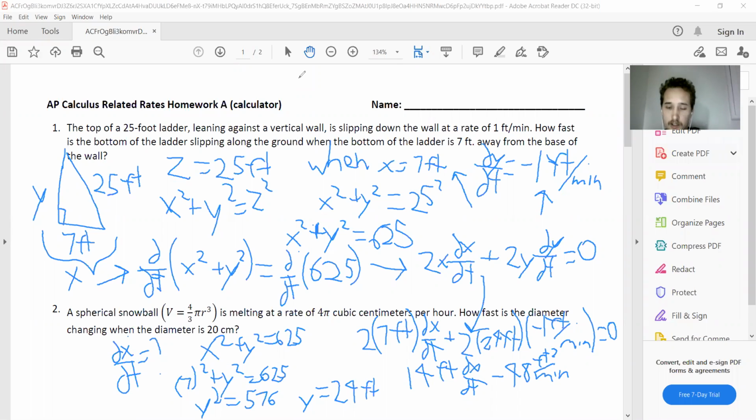Okay, so you get 14 feet dx dt minus 48 feet squared per minute equals 0. And then when you, let's see, okay. Fortunately, I write pretty big.